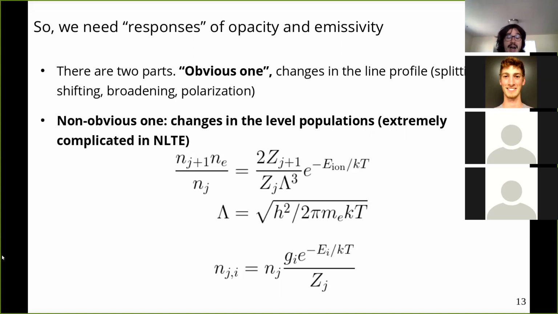Given the perturbation in temperature, I can find the perturbation in these level populations. I can literally take an analytical derivative of the Boltzmann equation with respect to temperature and see by how much a given level population changes when my temperature changes.